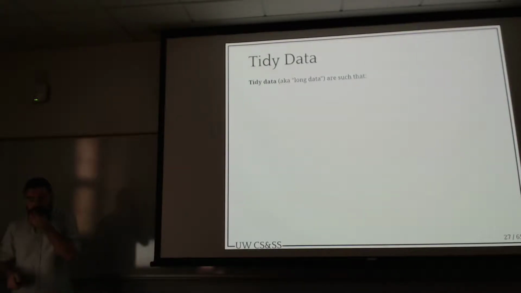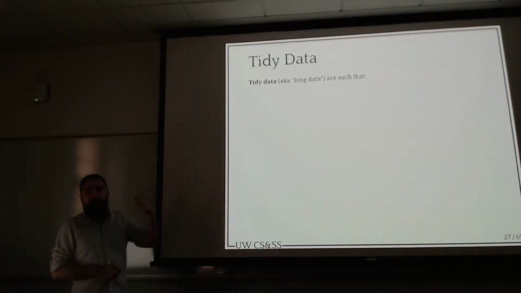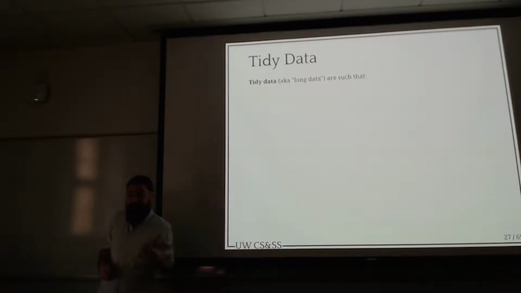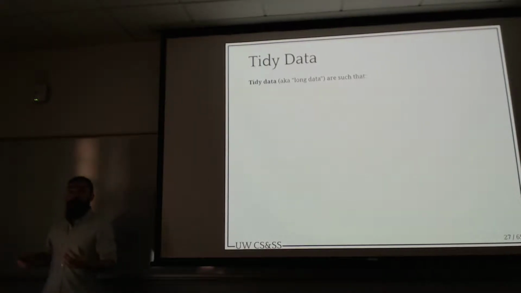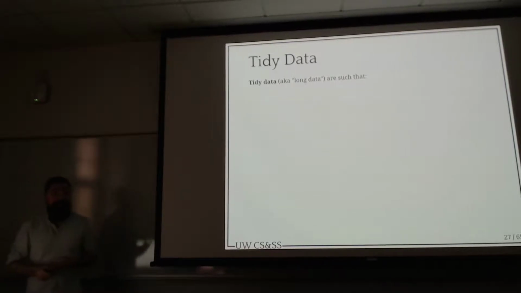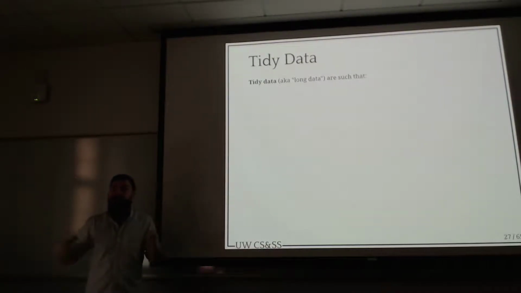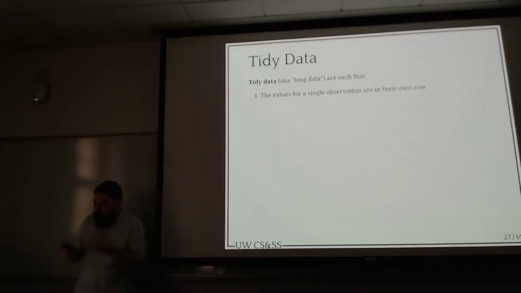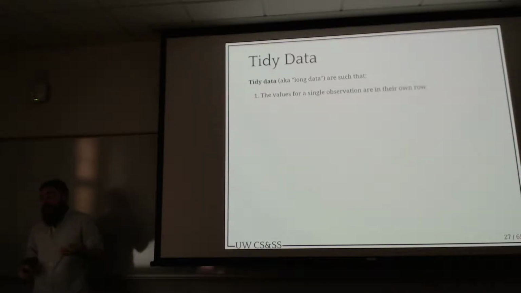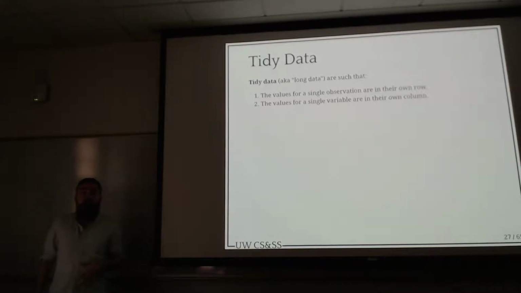Okay, so what tidy data are, and what we're going to convert this thing into, are also called long data. If you're in some statistics class and they talk about moving from wide to long data, tidy data are long data. Long data have all the values for a single observation in their own row. One observation per row. The values for a single variable are all in their own column.